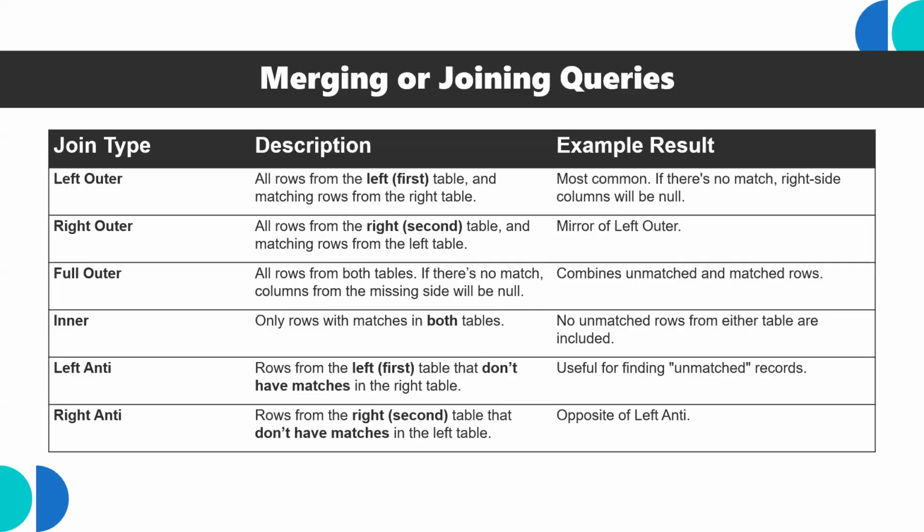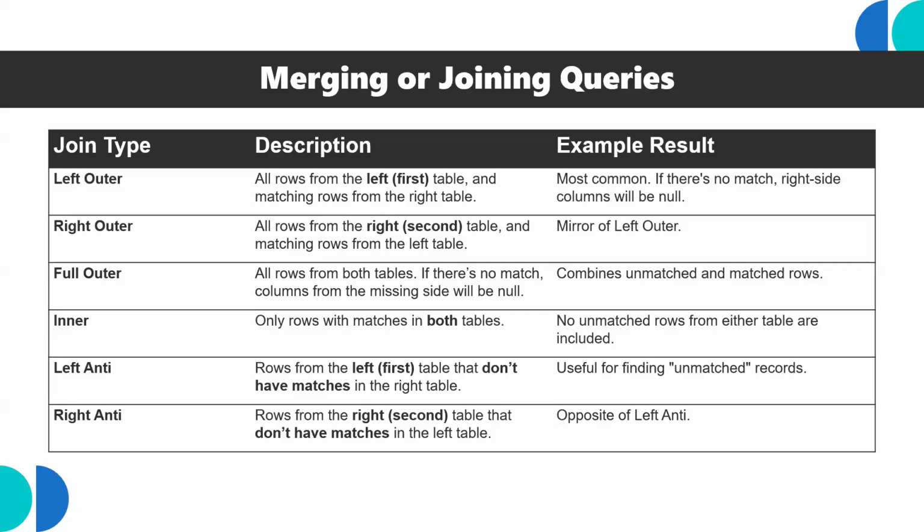So I'm not going to go into very much detail on these joins, but as mentioned here, a left outer join works with 2 tables, one on the left and one on the right. The left table has your sales, the right table has your customer information.